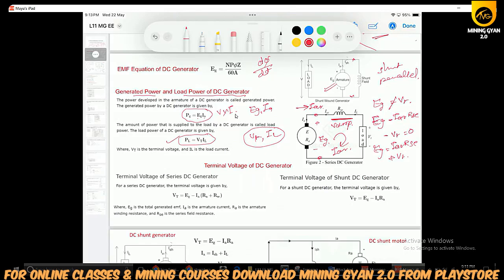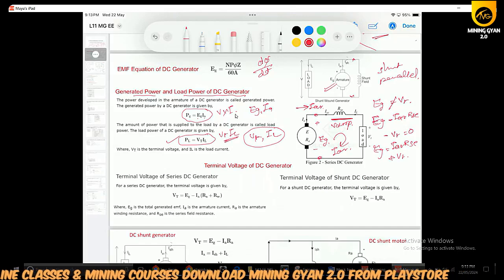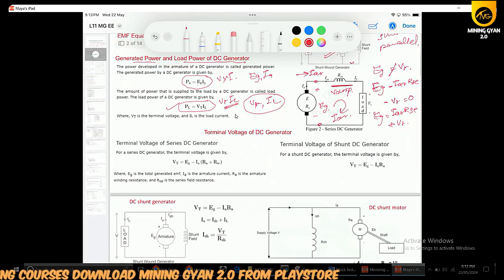The load power of a DC shunt or series generator will be the terminal voltage into the terminal current, whether it is series connected or shunt connected. V_T into I_L is called the load power.